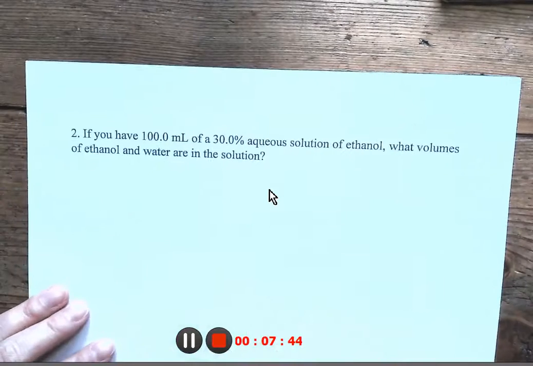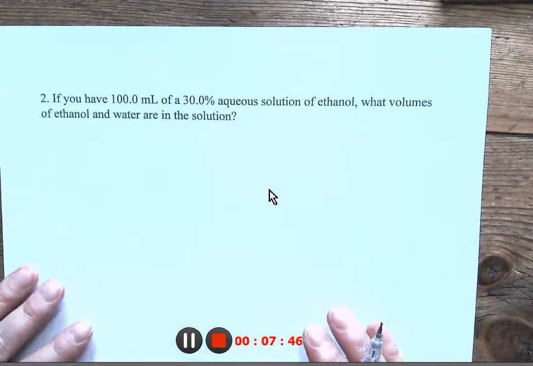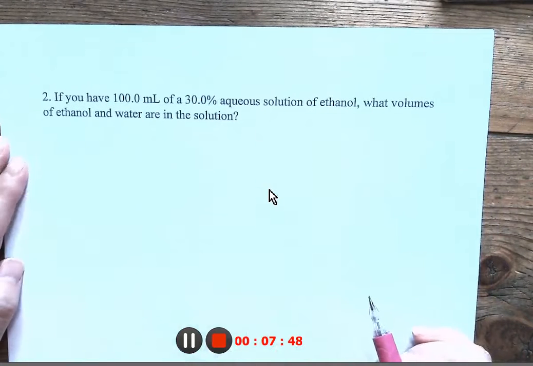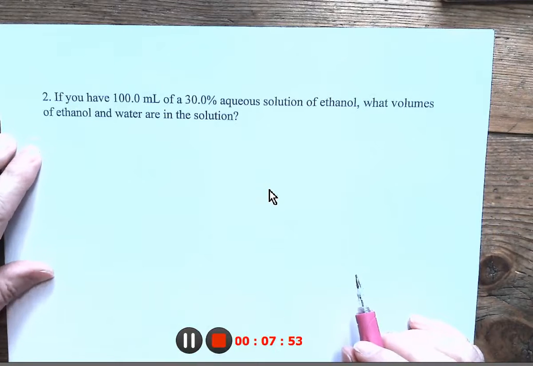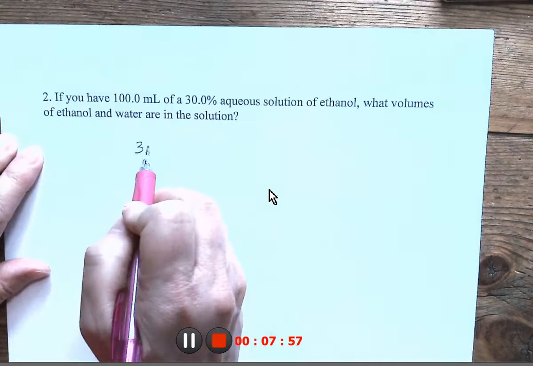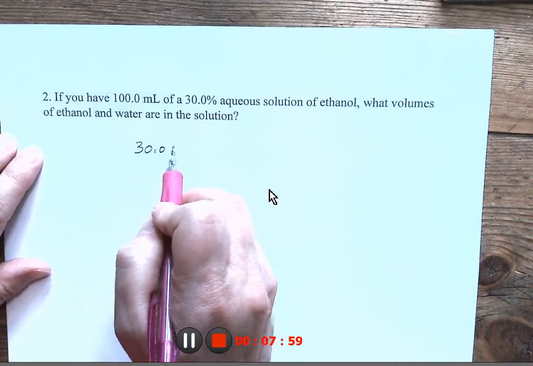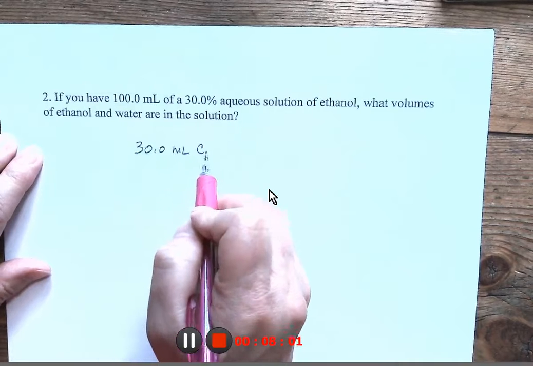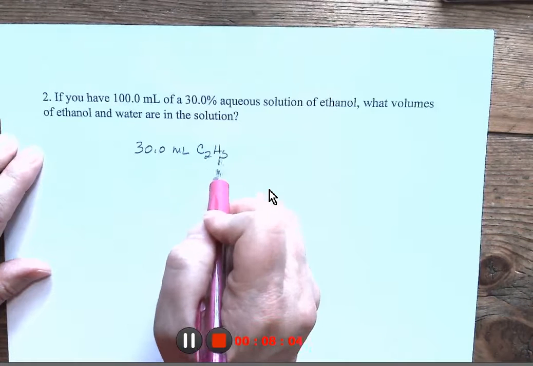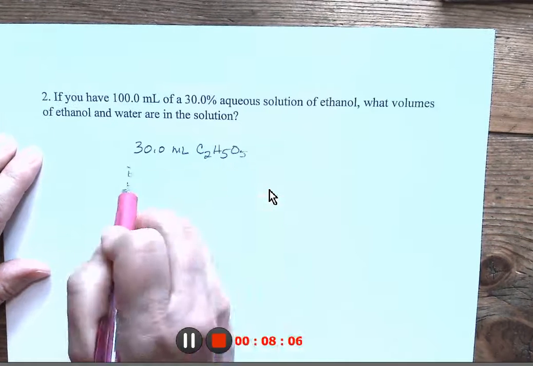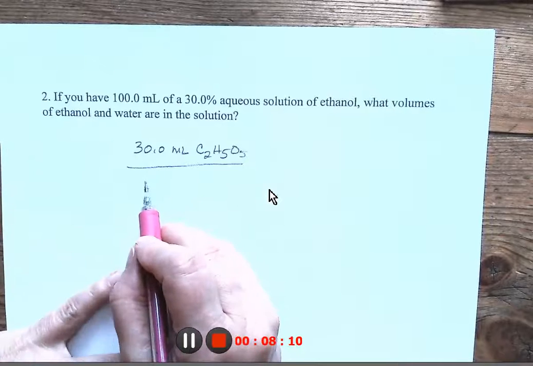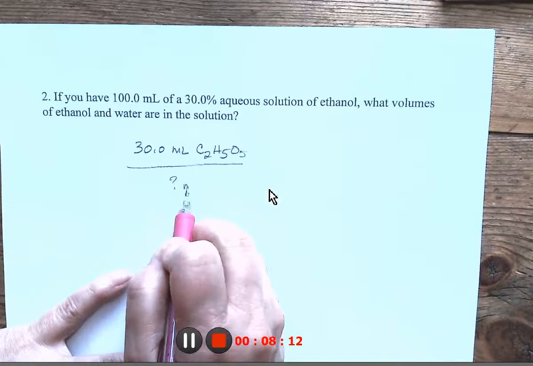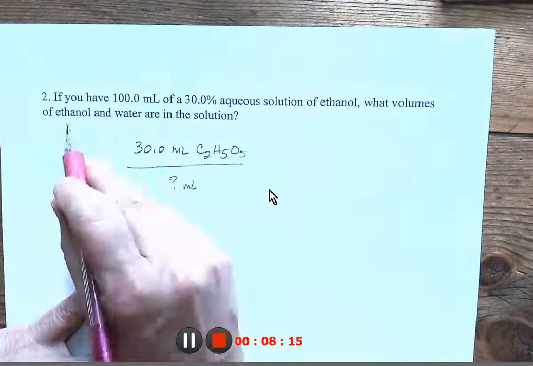If you have 100 milliliters of a 30% aqueous solution of ethanol, what volumes of ethanol and water are in the solution? Well, we already know that 30% is 30 milliliters of ethanol in the volume of the solution, and we don't know what volume of water it is.